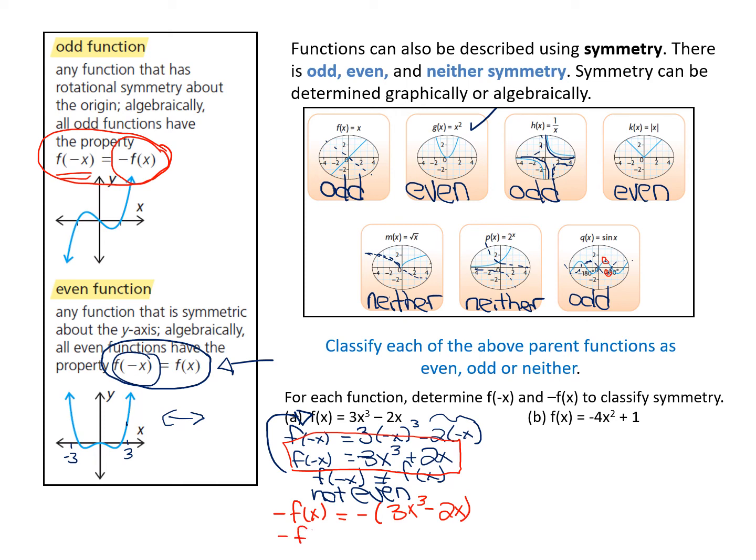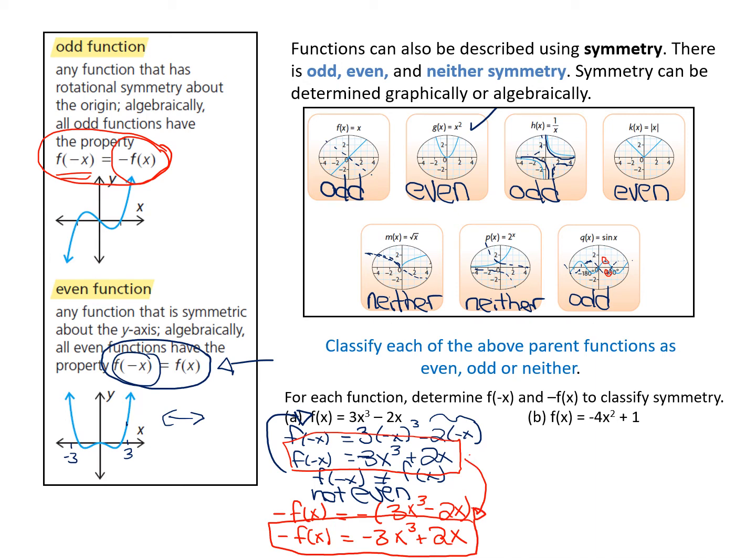So negative f at x is equal to, distribute the negative in, negative 3x cubed plus 2x. So does negative f at x, that's the vertical reflection, that's flipping it all down, does it equal f at negative x?